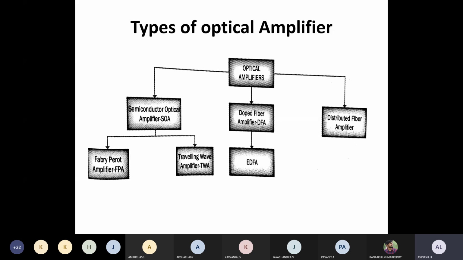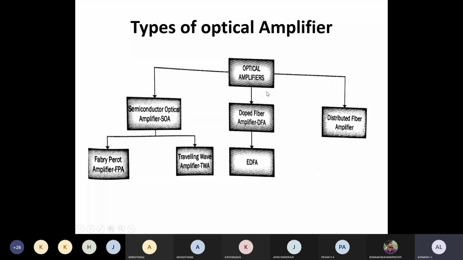Among these three, the semiconductor optical amplifier has two types: the Fabry-Pérot amplifier and the traveling wave amplifier. In the doped fiber amplifier, we have the EDFA, the erbium doped fiber amplifier.